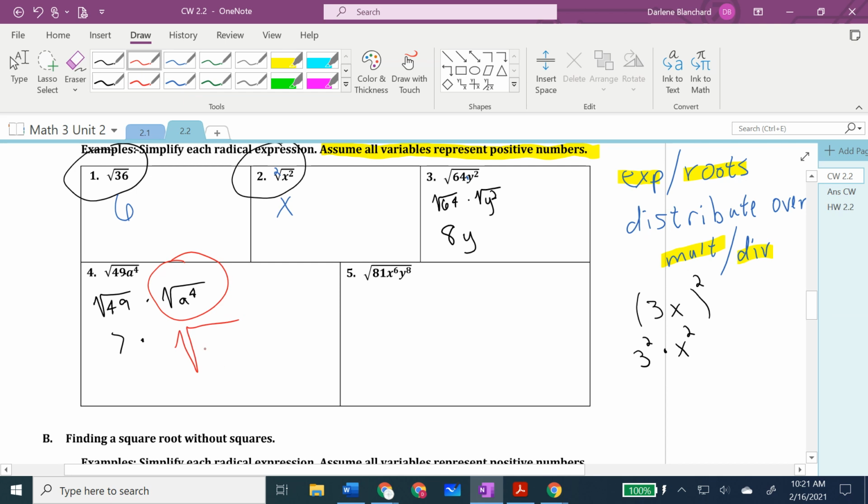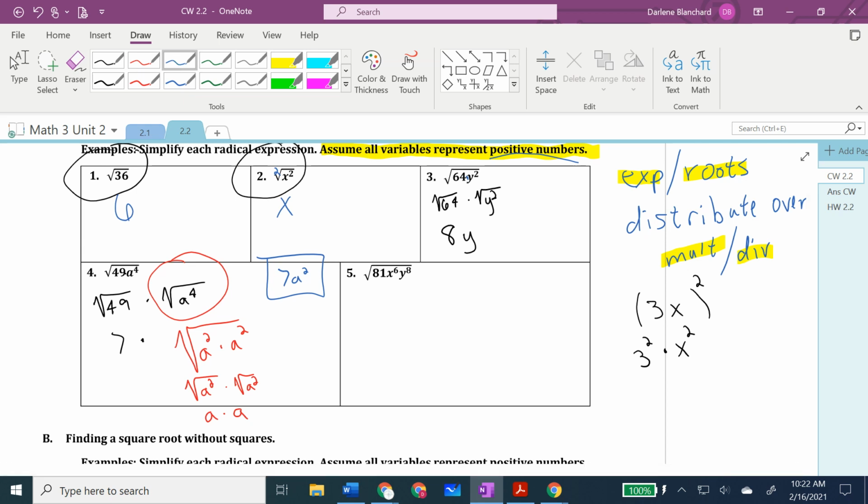A to the 4th is a squared times a squared, which is the square root of a squared times the square root of a squared. And then you have opposite operations, and you end up with a squared. So the final simplification is 7a squared. And remember, we're assuming positive numbers for the variables.